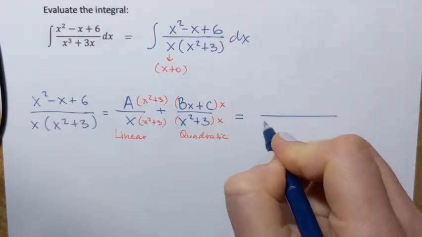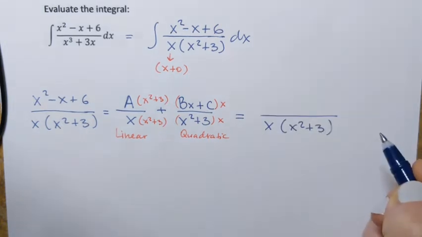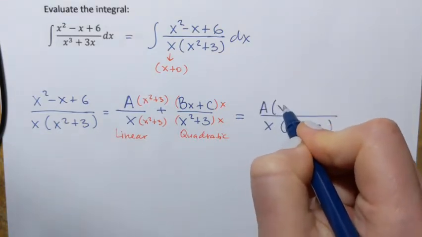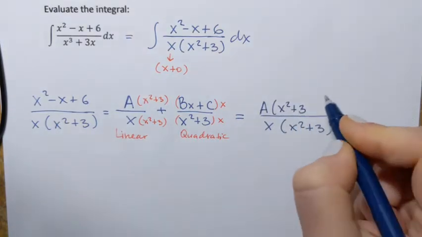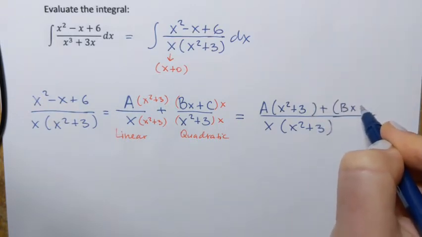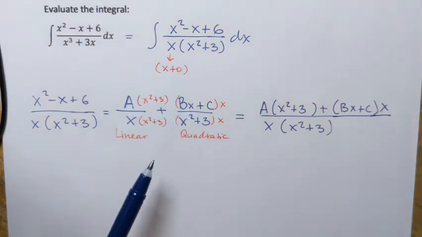Now I'm going to write what I have. Now the denominator is combined and it's x times x squared plus 3. I'm going back to that denominator, right? The numerator is a times x squared plus 3, plus bx plus c times x, right? So those two.